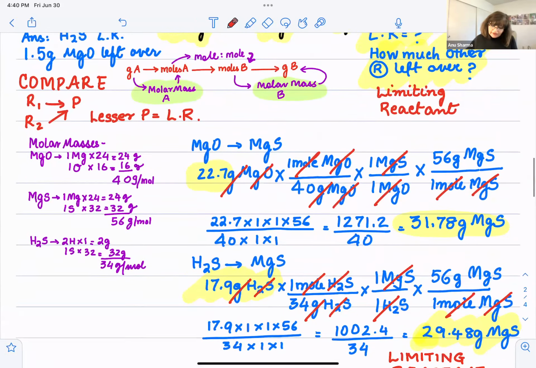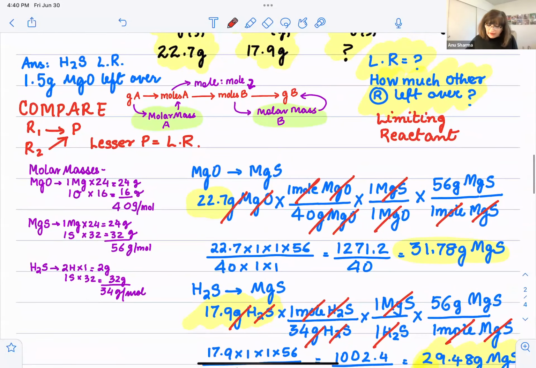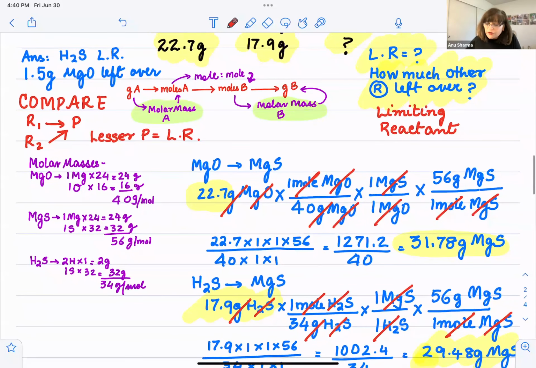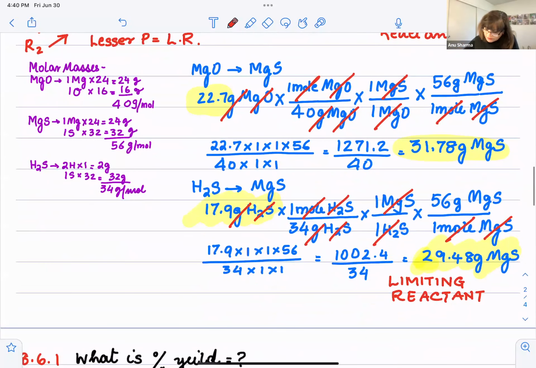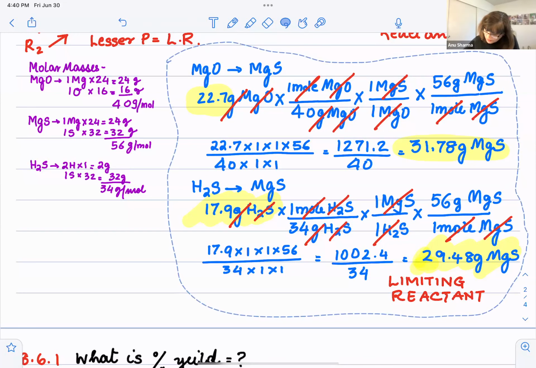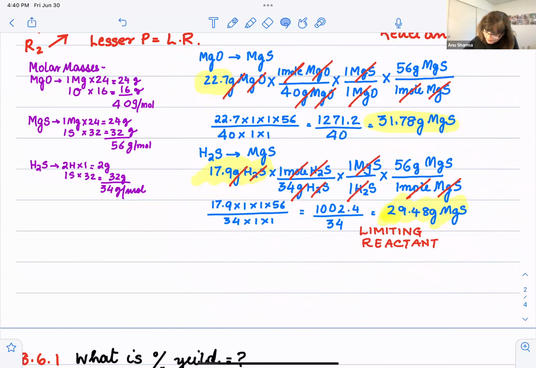Okay, so that is right. But now the question is, how much of the magnesium oxide is left over? So how are you going to do that? It's a space issue here, so give me 1 minute. I'm going to condense this, make it small, and we will have some space then.